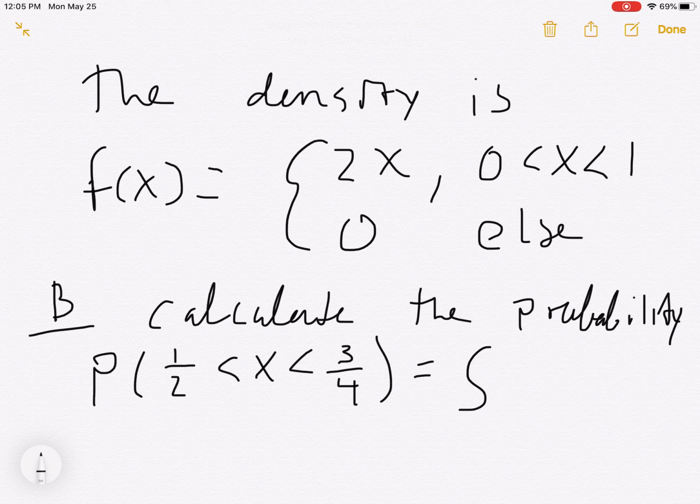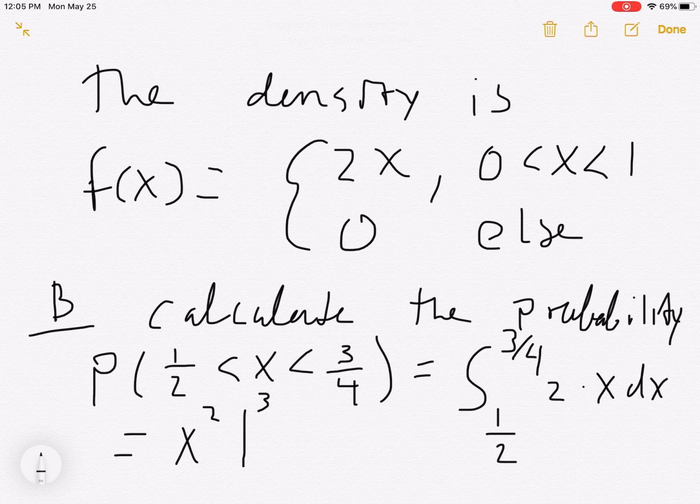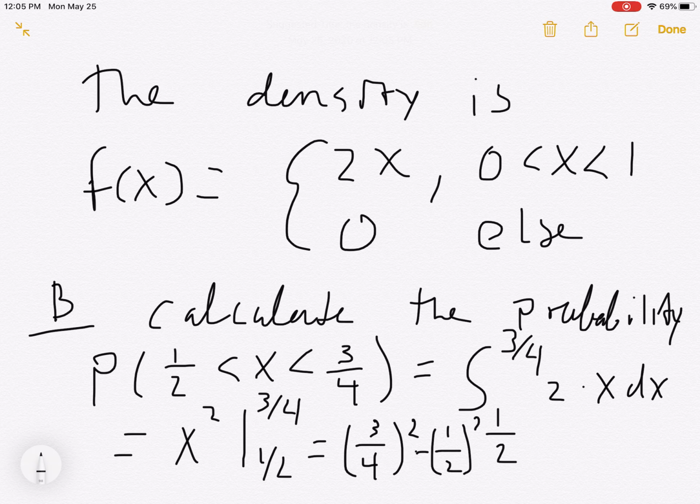It's the integral from 1/2 to 3/4 of 2 times x dx, which is x squared evaluated at 3/4 and 1/2. So when we evaluate that, we'll get 3/4 squared minus 1/2 squared, and that's going to be equal to 9/16 minus 1/4. Okay, so of course that's going to be 5/16.